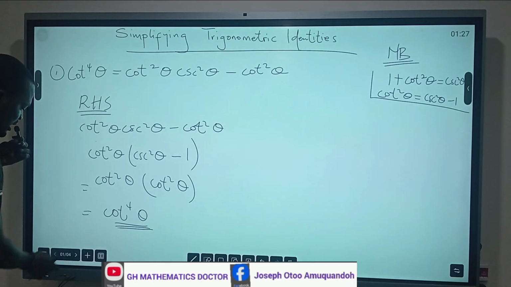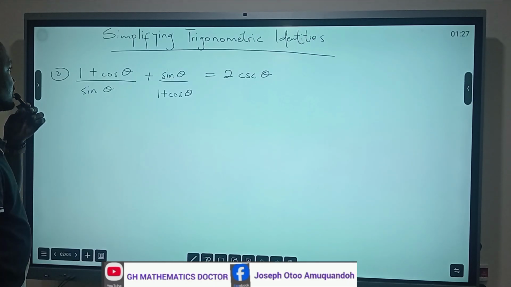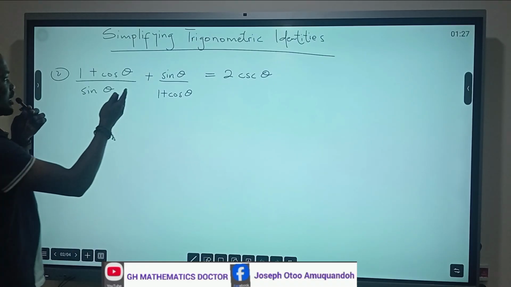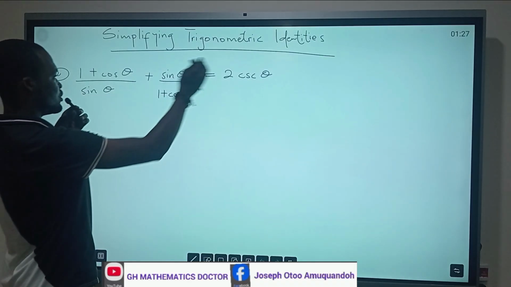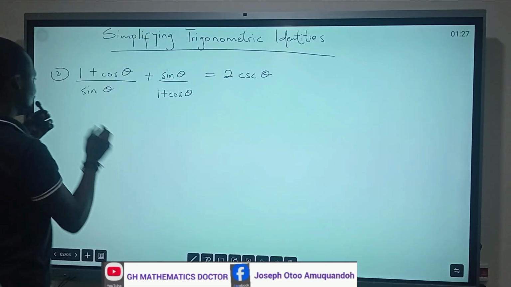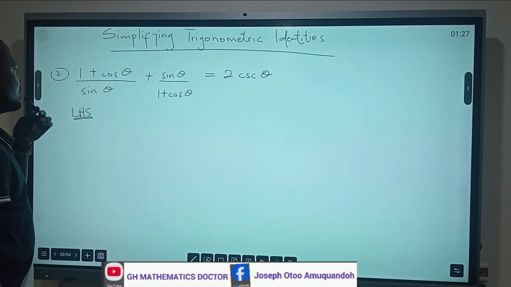Let's look at another example. So we have the second one. We have this identity. What we have at the left hand side is more complex than what we have at the right hand side. So we are going to take the left hand side and solve.